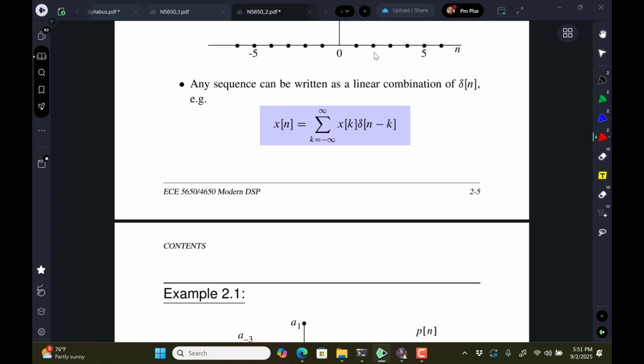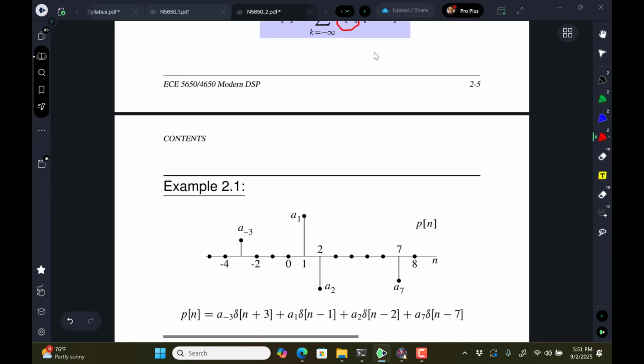But you can locate each of these on the axis, like this one, A1, would be like x at 1, and then it's located using x of n minus 1. Now you're saying, that's so silly, why are you doing that?